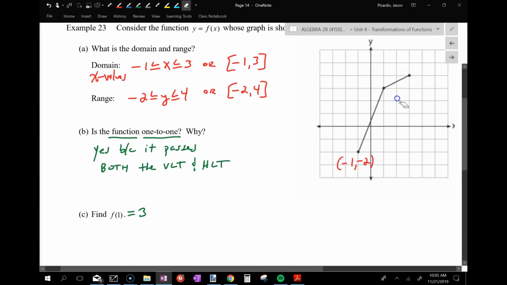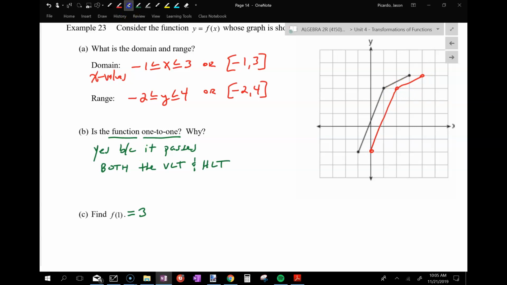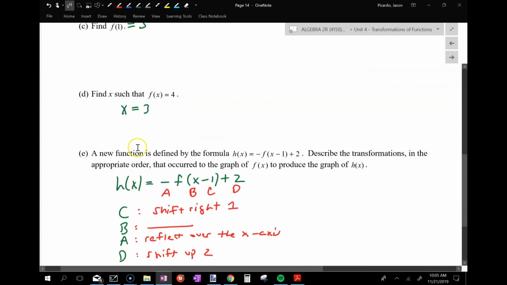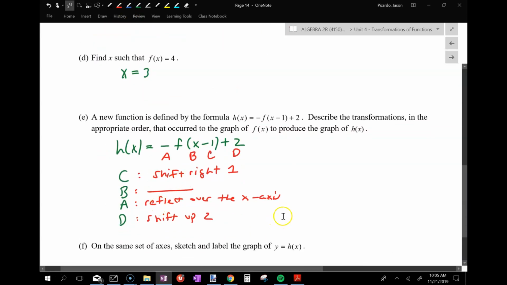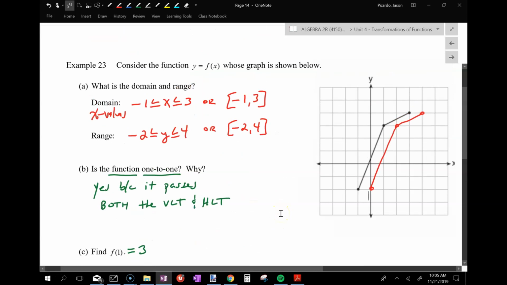I'm going to shift it to the right one. There's my first step. I'm going to take my graph. I'm going to reflect it over the x-axis. That means it's going to look something like that.